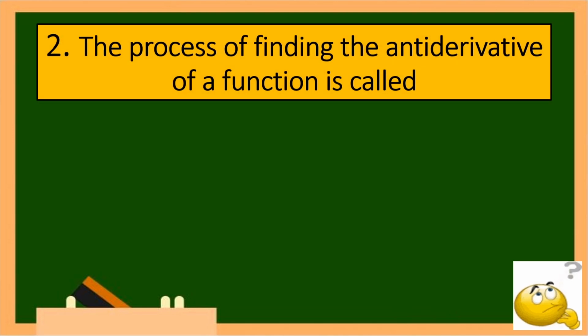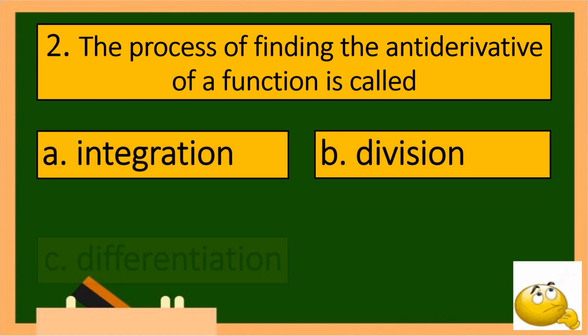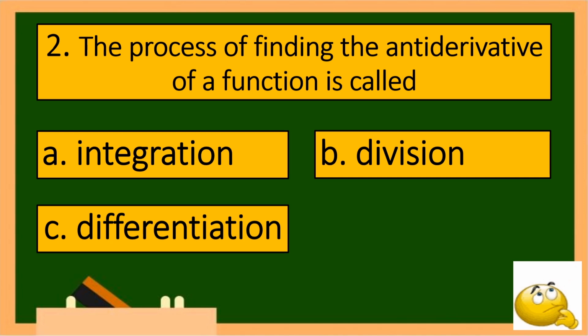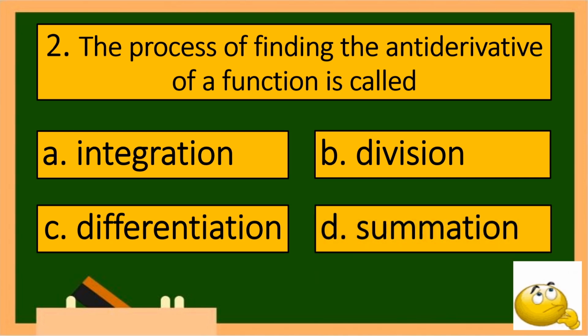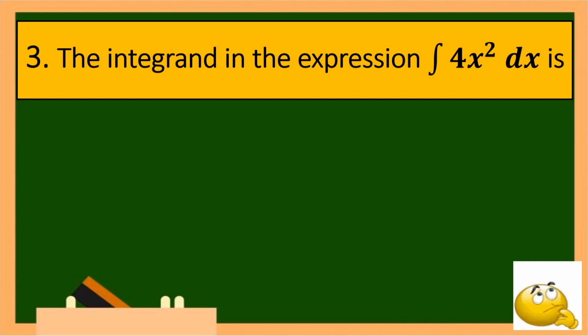Number 2. The process of finding the antiderivative of a function is called, is it A, integration, B, division, C, differentiation, or D, summation? The answer is A, integration. Number 3.